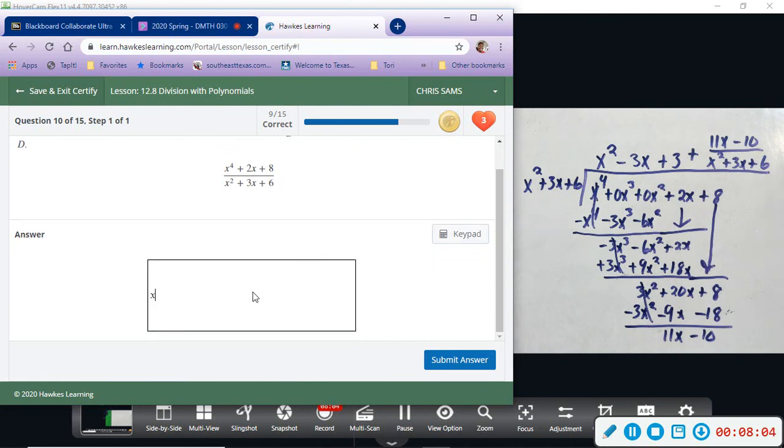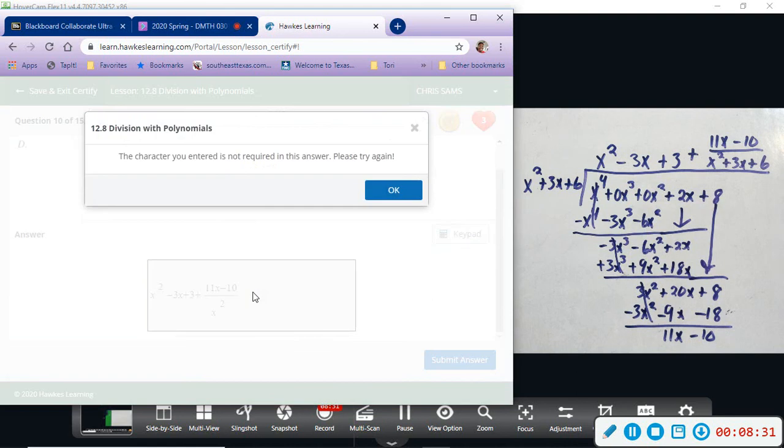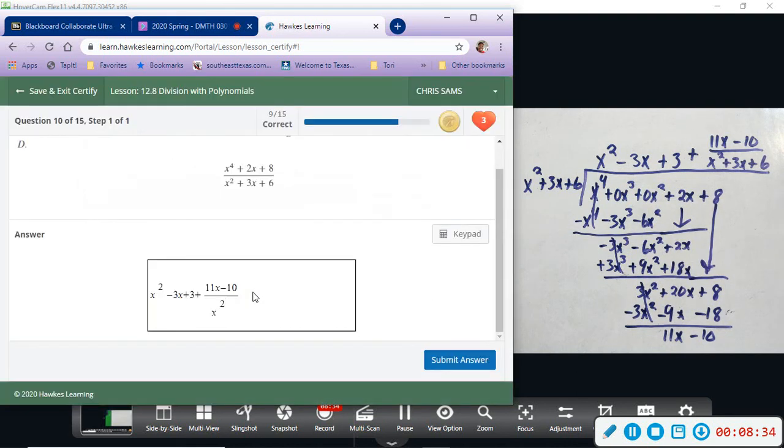So we have x squared minus 3x plus 3, and then plus the fraction 11x minus 10 over x squared plus 3x plus 6.